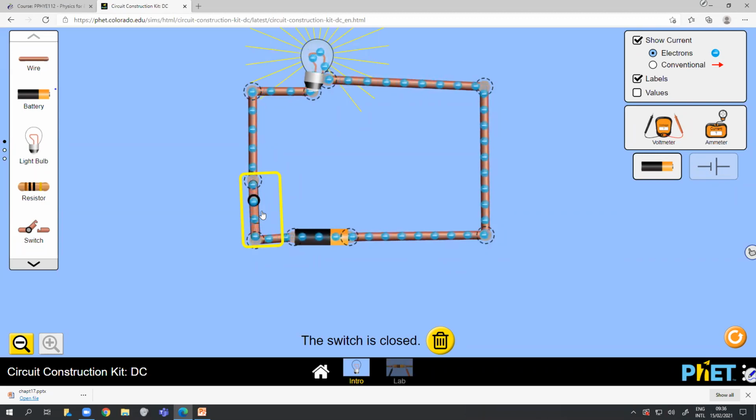The speed of light or the speed of electromagnetic waves is 3 × 10⁸, like 300 million meters per second. That is the fastest speed you can get. It really looks like there is no time gap between closing the switch and the light coming on, because it happens at the speed of the electromagnetic wave.